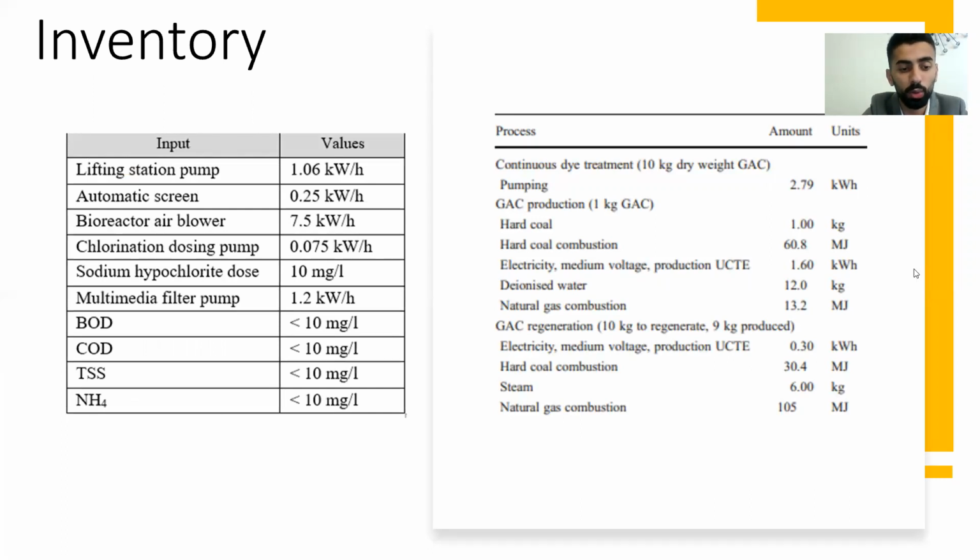The first table shows the data collected from the contractor's company of the wastewater treatment plant, such as the lifting station pump, automatic screening, and bioreactor airflow values and capacities. And the second table shows the activated carbon production and regeneration input. There are also many other inputs that are discussed more in the report.